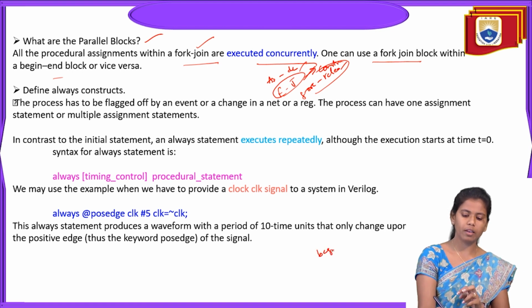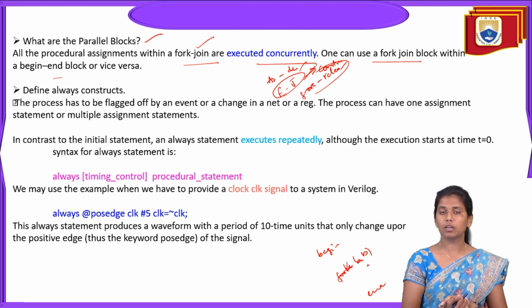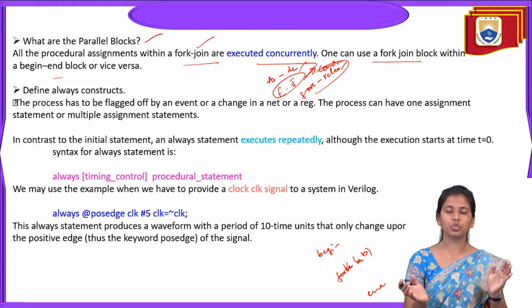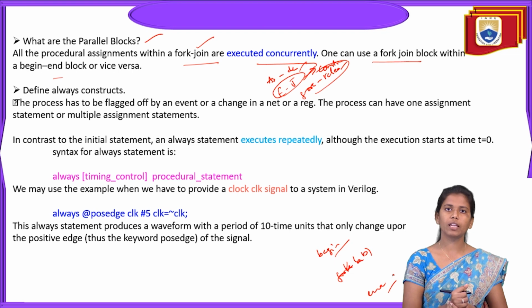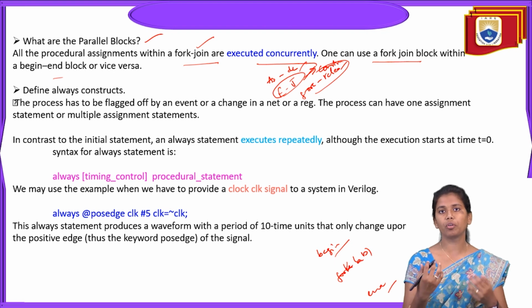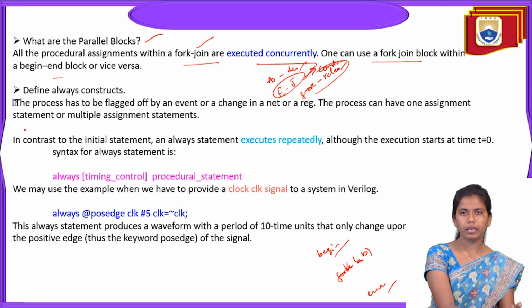So within the begin end you can use fork, okay, but most of the constructs we cannot use within the begin and end. They can be used outside the begin and end. Some can be used outside module and end module as well. So these are the parallel blocks.